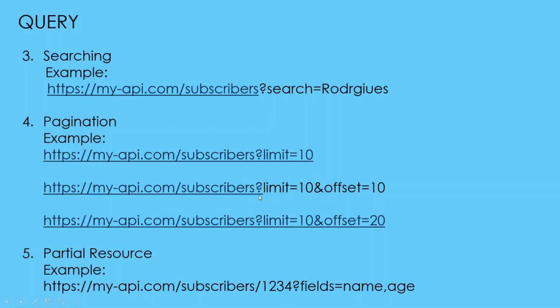Total is 20 as of now because there were previous 10, and now the next 10 records have been returned. Again, in the third call, when you specify the offset as 20, it will show you the next 10 records. So that is how, in installments of 10 records, you have received a total of 30 records in 3 steps, as opposed to one single call returning all 30 records.